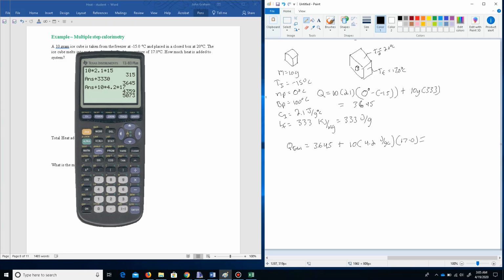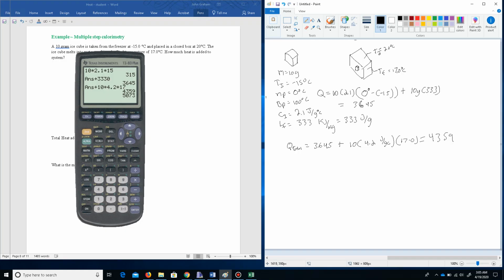So don't worry about that bottom number, 4359. Right, so that's the total heat to increase this ice from negative 15 to 0, to melt it, and then to increase the water from 0 to 17.